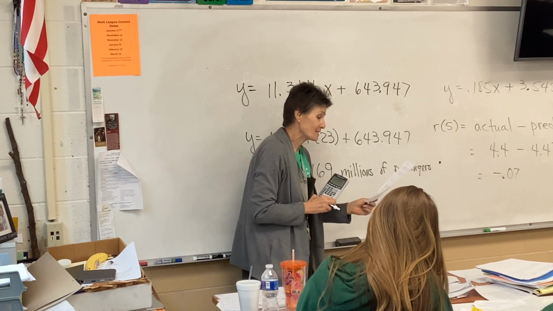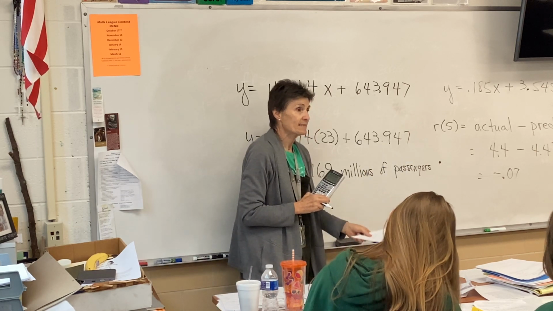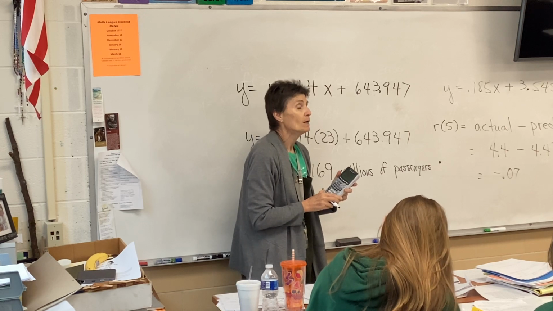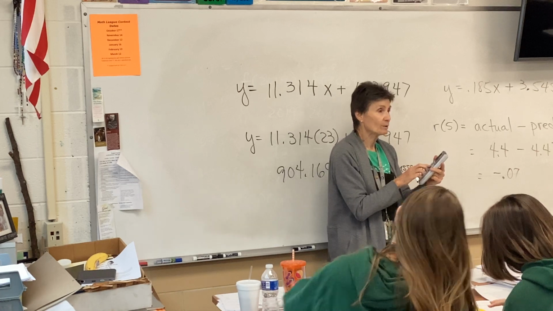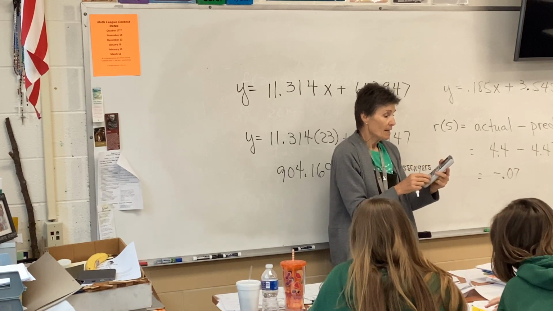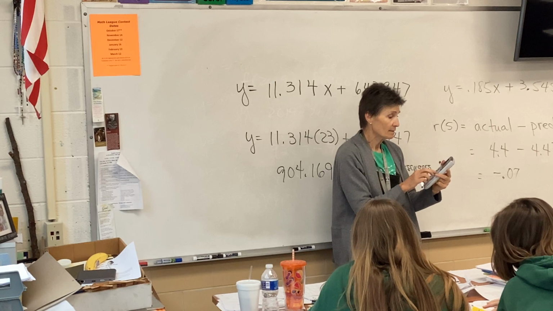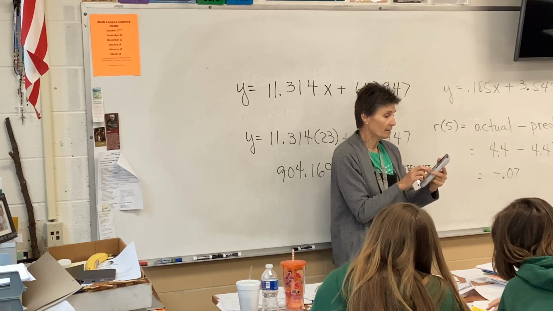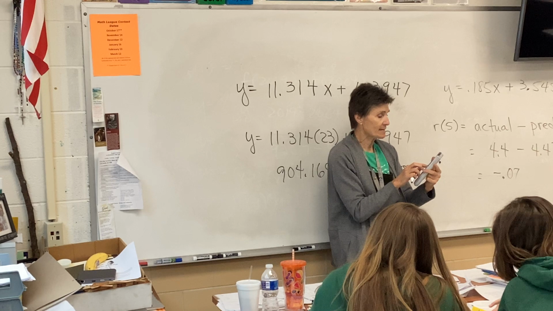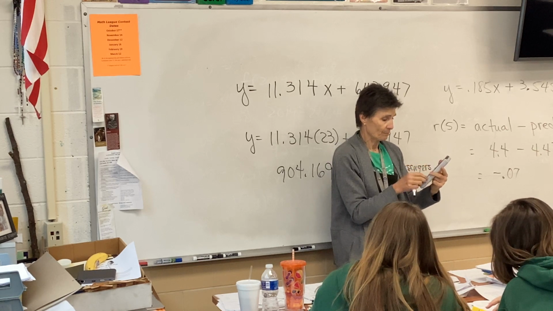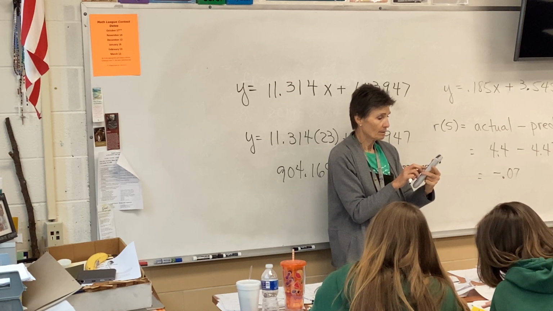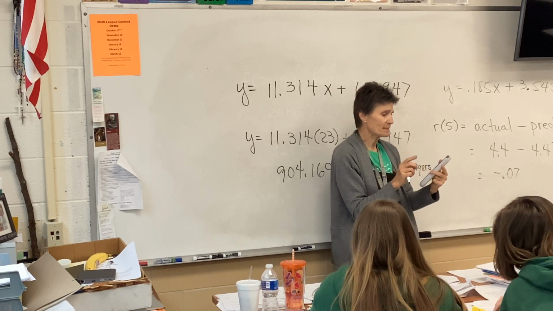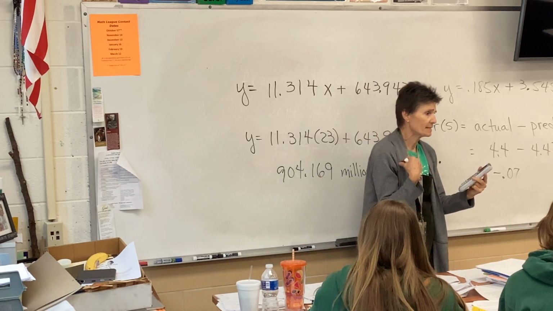All right, let's find the residual for 16. Is 16 a data point that we have? Yes. So we don't have to calculate it. We have it in our calculator. We go to Stat Edit and click across to the last column that equates to your 16. I think my residual is 67.779. That correlates to the 19, doesn't it?